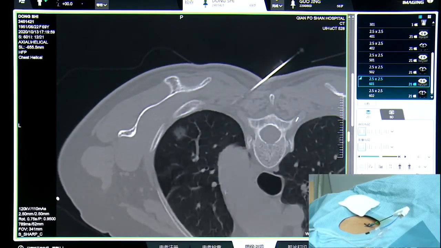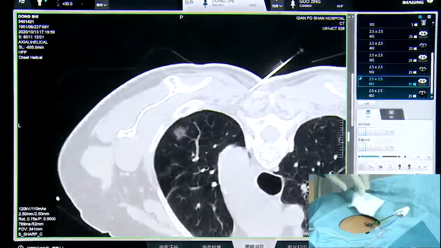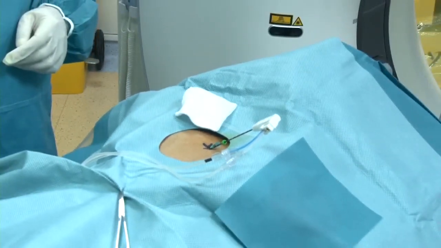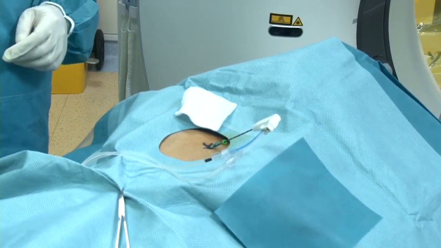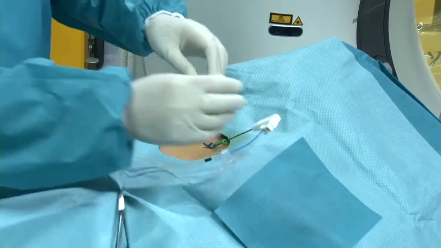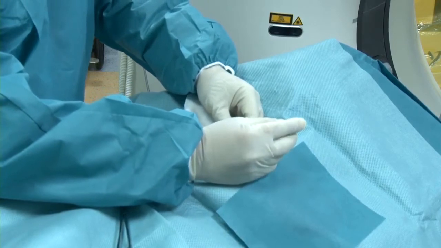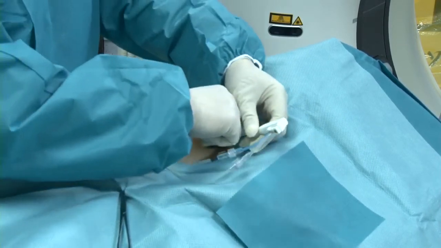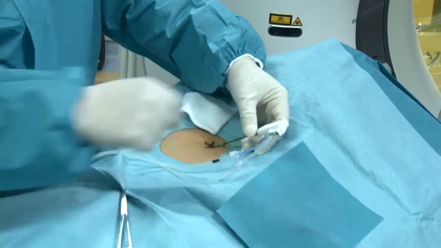We can insert the thorax tube to exclude the air. So that's not a big problem for the procedure, for the operation.